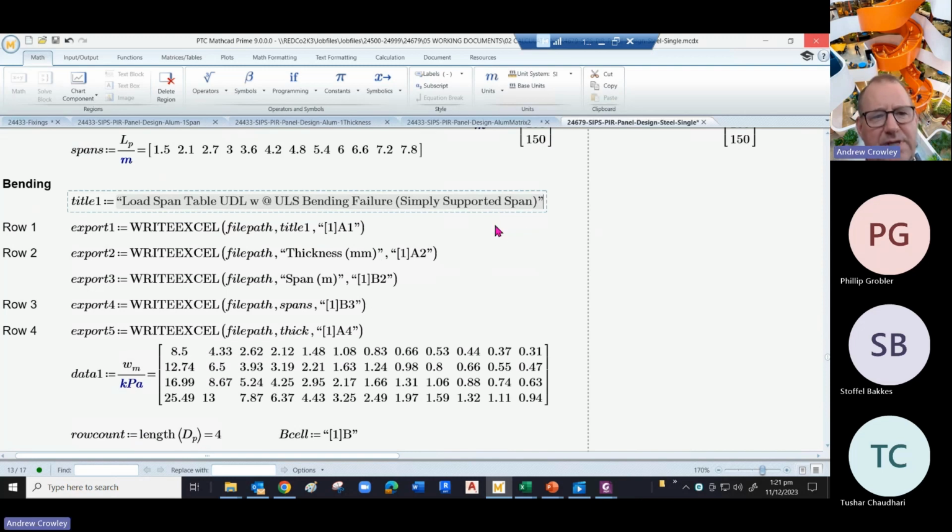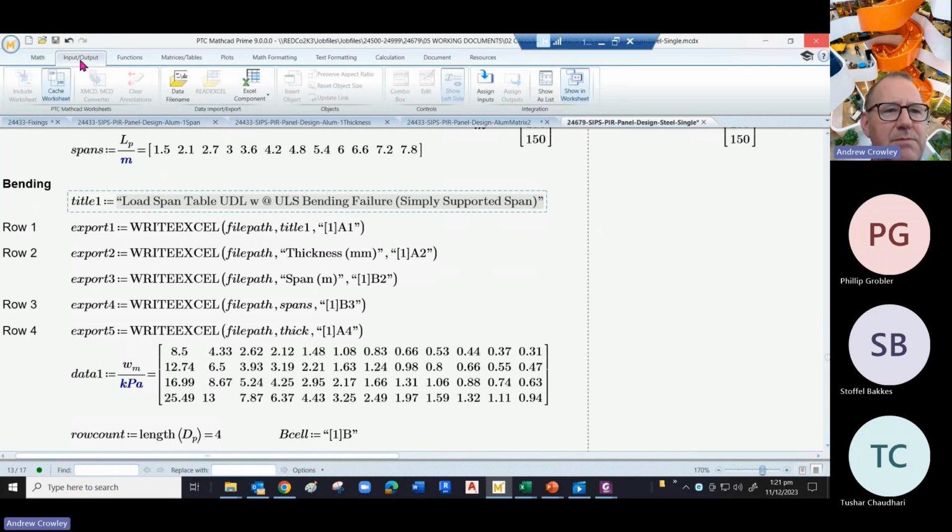Then we start exporting. So we use the write Excel function that you can get, and that comes under Input Output under Excel components. And there are write Excel functions which require a file path, which we've already described, the information you're putting in it, in this case the title, and where you're putting it, in this case the first sheet, and in the first cell, A1.